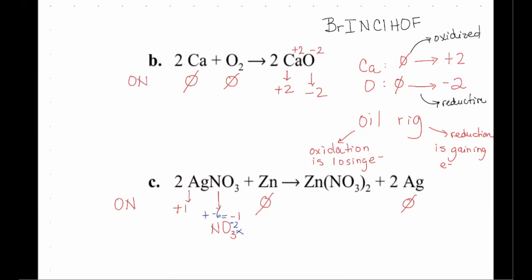We only have one nitrogen, but when we add the oxidation number of nitrogen to -6, it needs to equal -1. So what is the oxidation number of nitrogen? Remember, it's oxidation number. We only have one nitrogen, and it has to equal -1 because nitrate overall is -1. Remember that for your polyatomics, this rule is a little bit more complex.